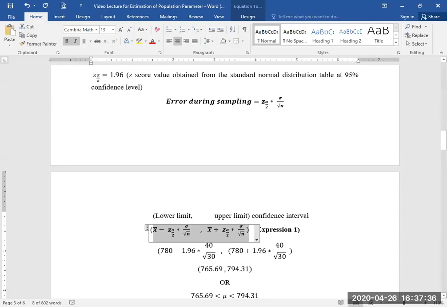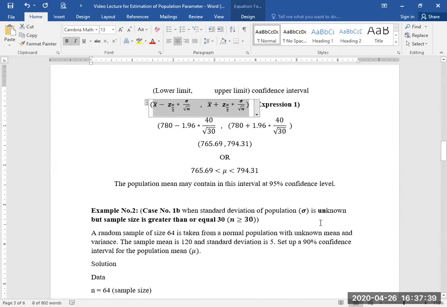Now students, we are going to substitute the given values from the sample in this interval. 780 was the x bar value, and the corresponding Z score value is 1.96.